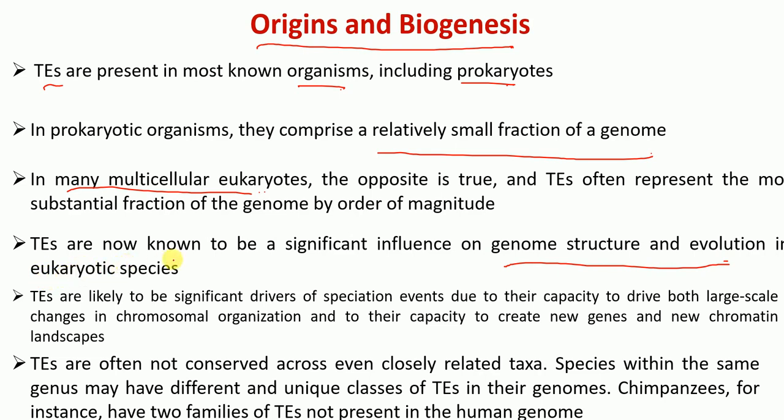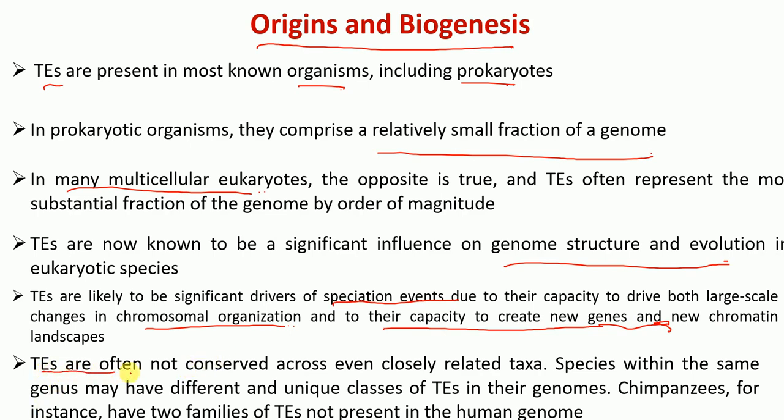Transposable elements are likely to be significant drivers of speciation events due to their capacity to drive large-scale changes in chromosomal organization and their capacity to create new genes and new chromatin landscapes.